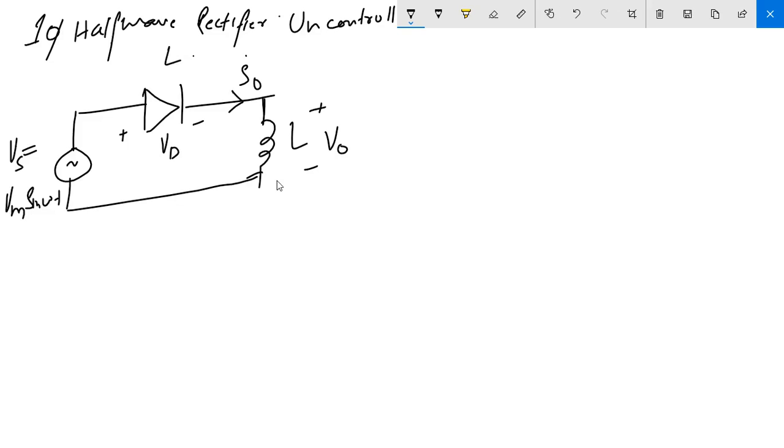But here voltage and current will have different shapes. Therefore, we will be concentrating on the current of the inductor. So there will be a two cycle operation.